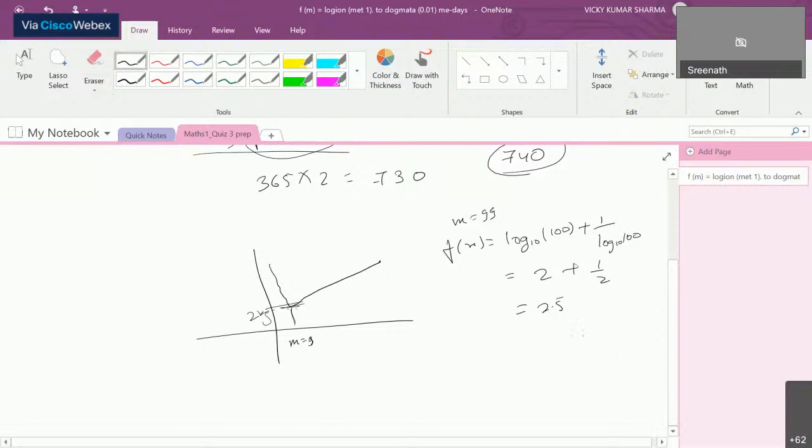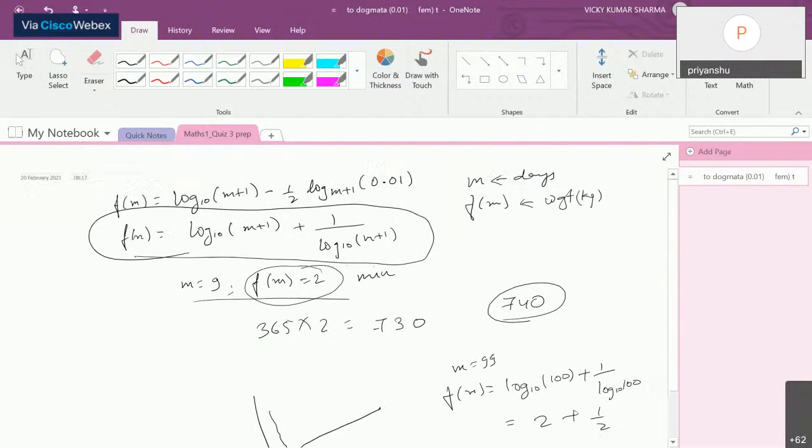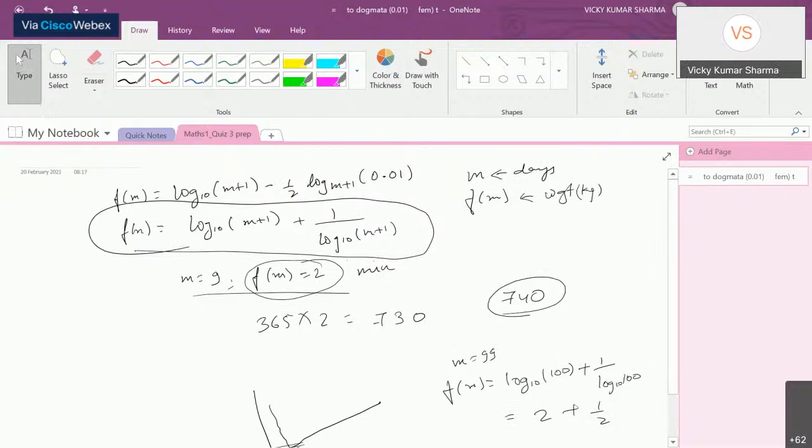One more doubt in the log function. Whenever we solve a logarithmic equation and find the value of x, do we have to put it back in the equation every time to verify whether it is correct or not?